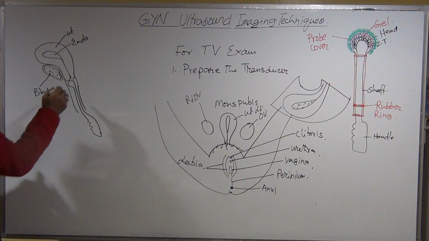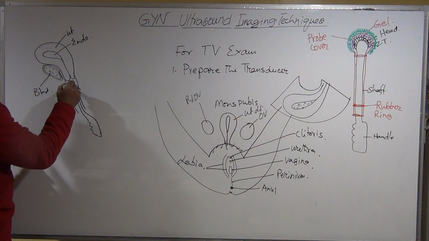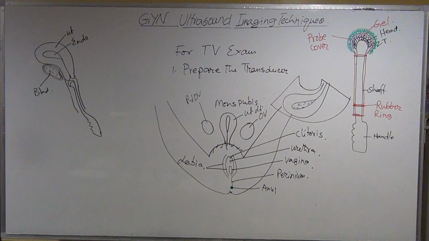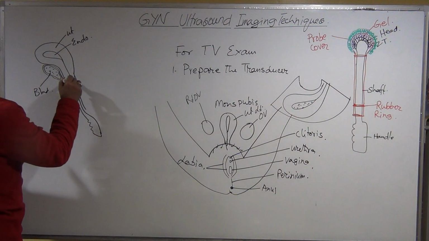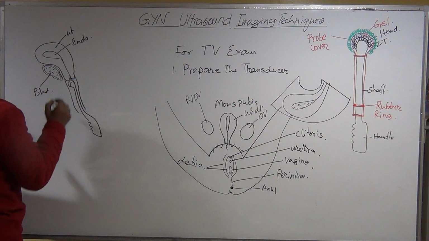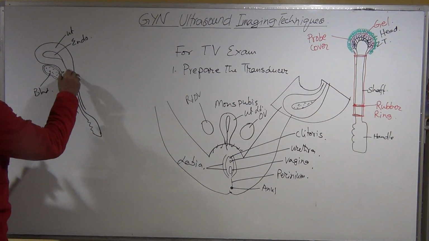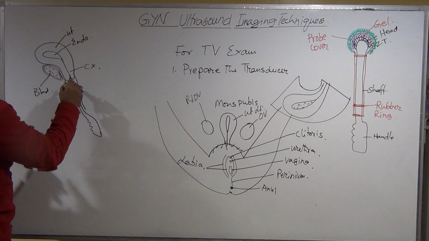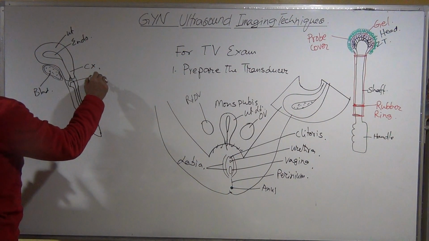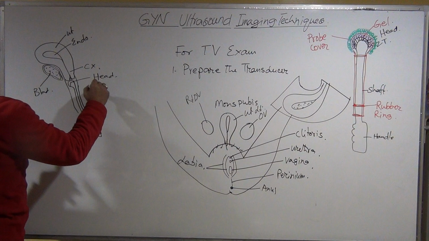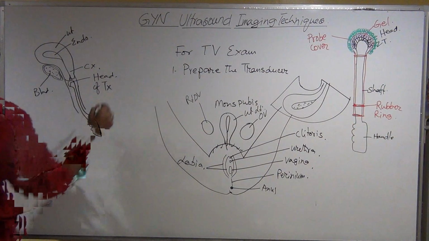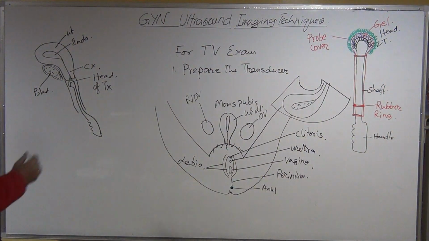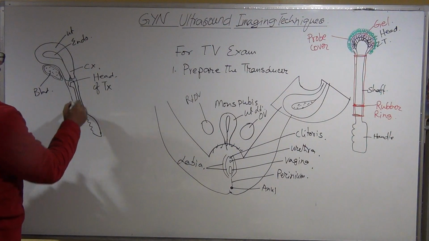So this is the transducer. Okay, look, where is the transducer? This is the external os, this is the cervix, this is the transducer head, head of the transducer. Okay, and this is the vaginal canal.